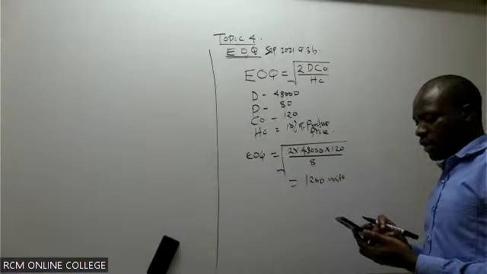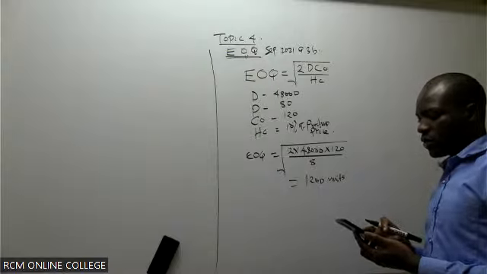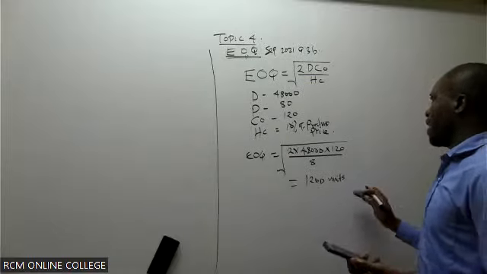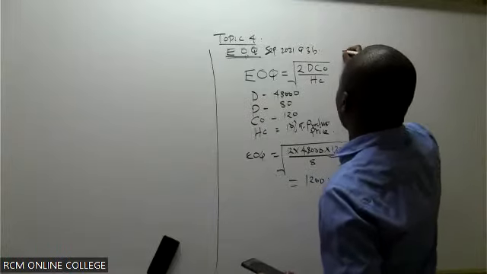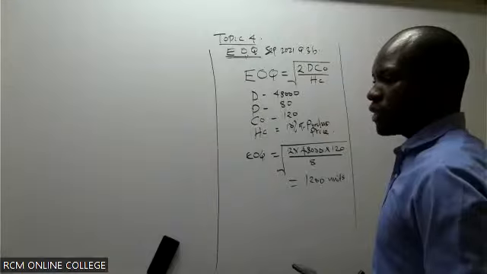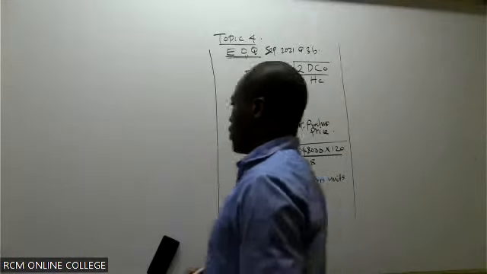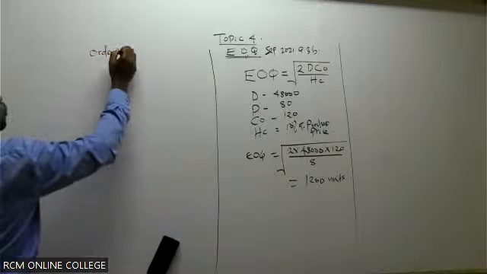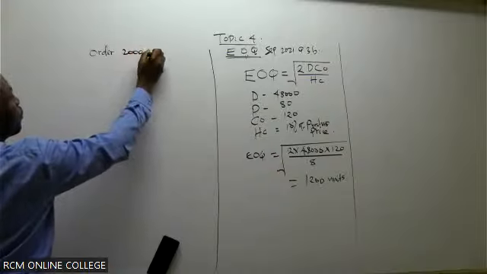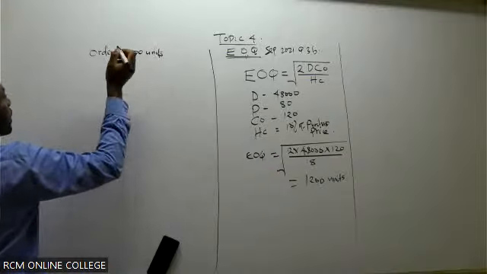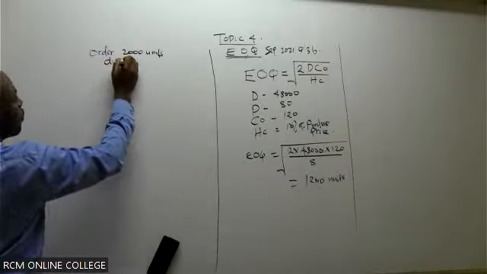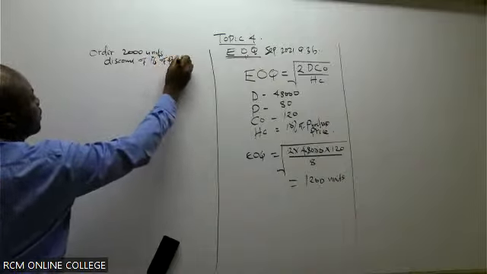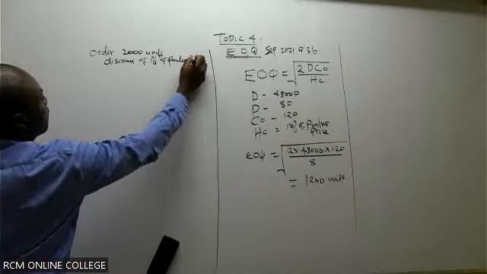Advise the management of the company on whether to accept or decline the offer. So they have been given an offer here to order how many units? The offer is order 2,000 units, and then enjoy a discount of 1% of purchase price.